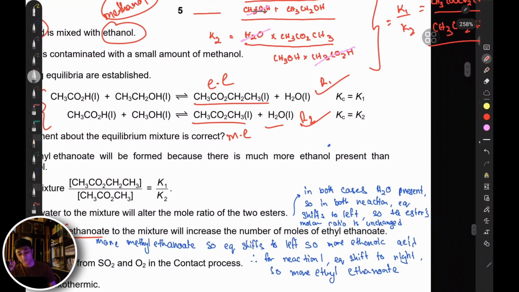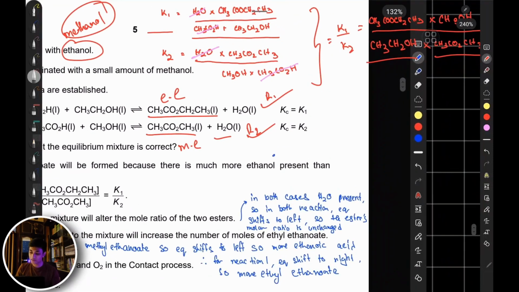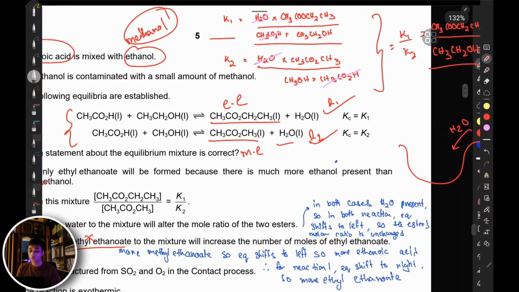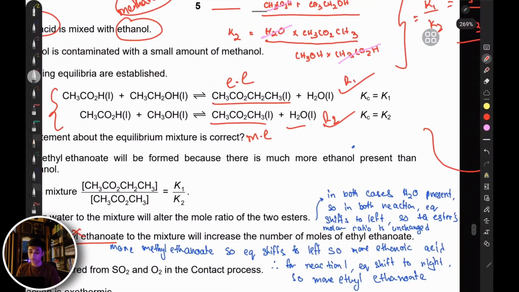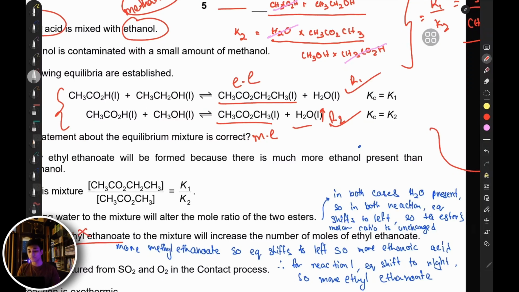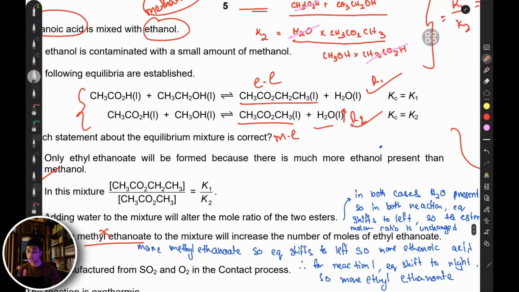Since this entire reaction is taking place in one reaction vessel, what happens if they add more H2O? Due to an increased amount of H2O, the reaction equilibrium shifts. Where?